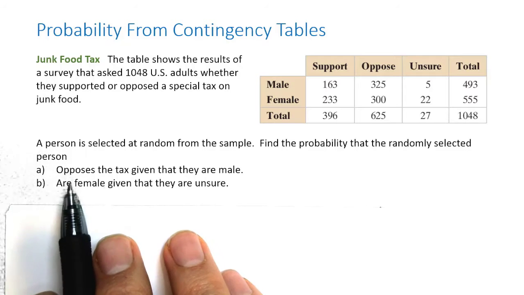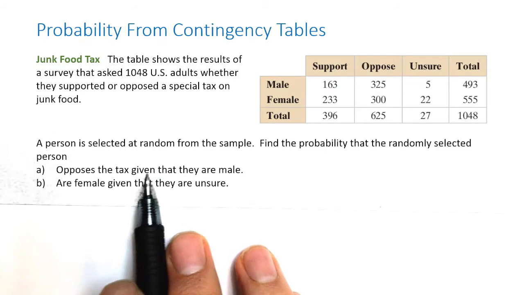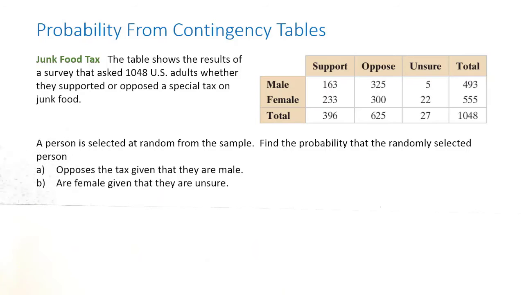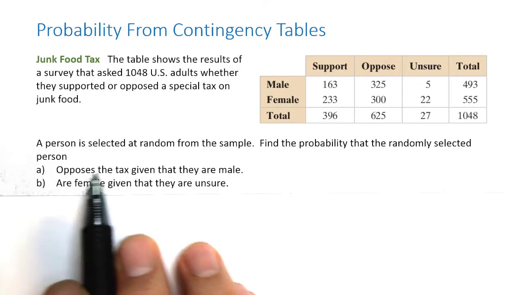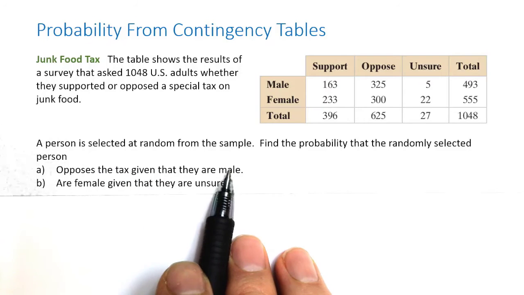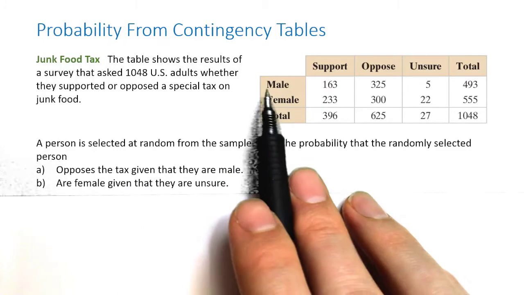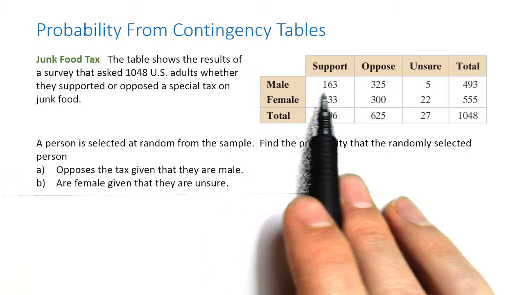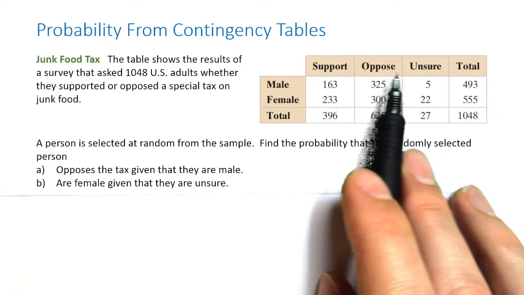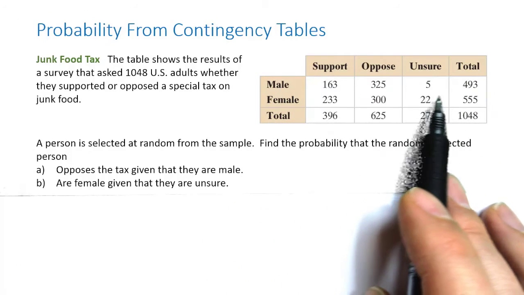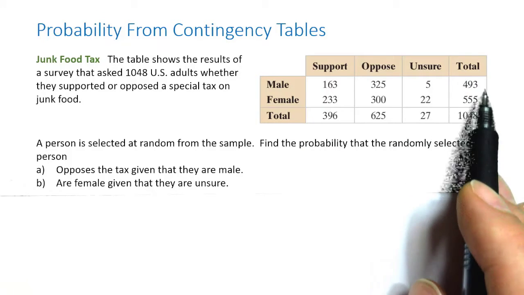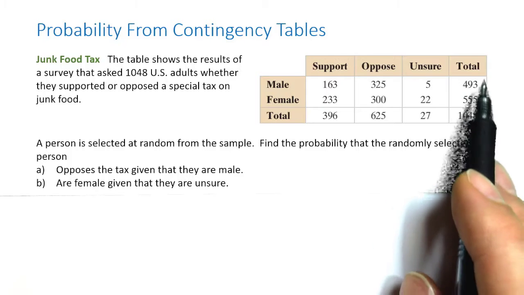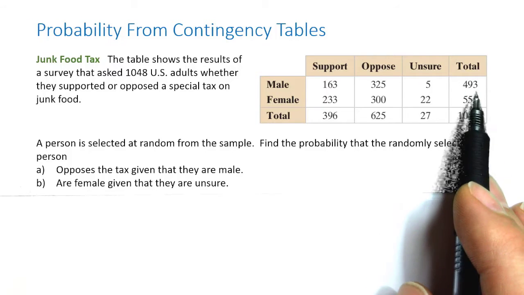And just two more, just so that we understand the "given that" condition. We're going to look at these. What's the probability that the person opposes the tax given that they are male? Okay, well, given that they are male, we are assuming that they are one of these people. So what that does is it changes our denominator, because now we're only looking at a possible 493 total people, the males, right?